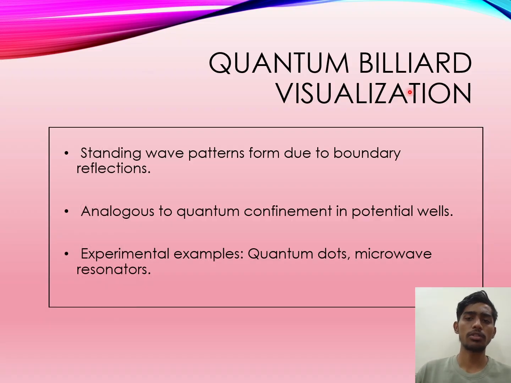The visualizations we will find on quantum billiards are standing wave patterns formed due to boundary reflections. In quantum states, the reflections are bounded, analogous to quantum confinement in a potential well and more.